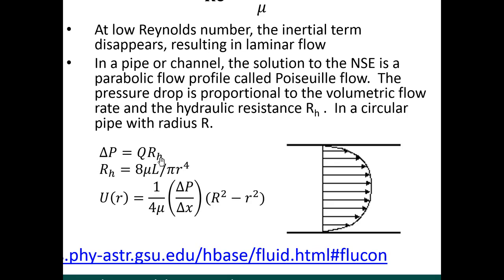In the case of fluid flow through a pipe, delta P, the difference in pressure between one side and the other, is equal to the volumetric flow rate times the hydraulic resistance. And the hydraulic resistance is 8 times mu times L divided by pi r to the fourth. So we have the length here, and in the denominator we have r to the fourth. The hydraulic resistance is very dependent on the radius of the pipe.